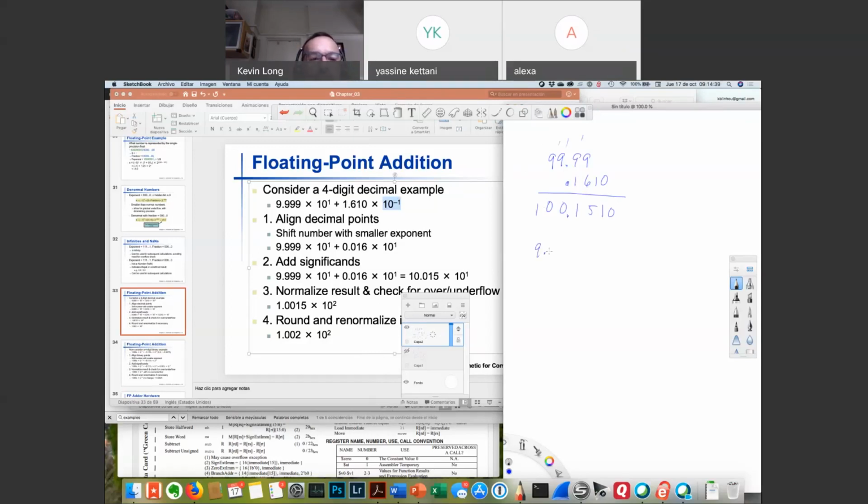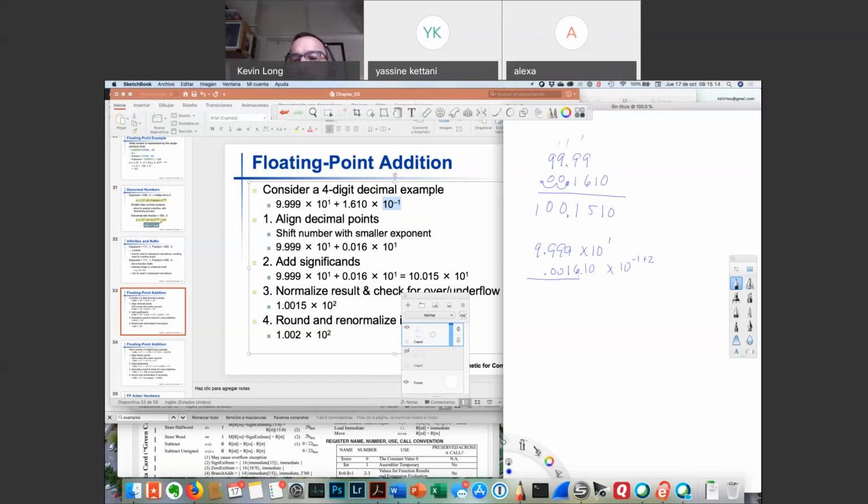So if I go back to what I had before, and I had 1.610 times 10 to the minus 1, then what I'm going to instead do is make this number smaller by 2 decimal points, and in return, make that -1 that I had as my exponent bigger. So I'm going to have 0.001610 now, and then here's where I had my -1 plus 2 so that I match.